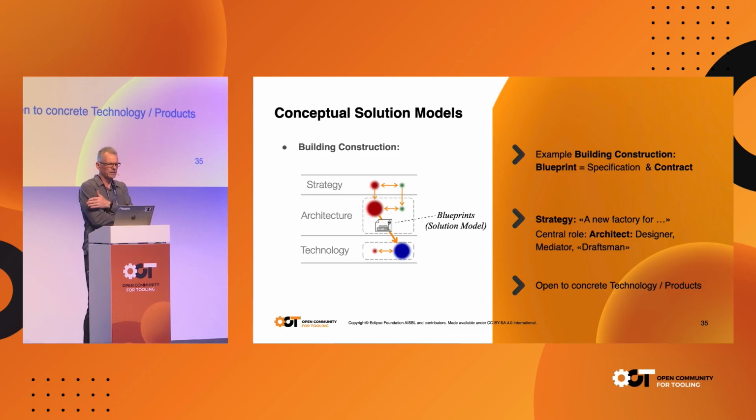They create their solution model or conceptual model, the blueprints. And the blueprints have the role of a specification and of a contract. There's also a strategy aspect to it, and there's a central role, that's the architect. He or she is the designer, a mediator between the future building owner and the craftsman, and often also the draftsman.